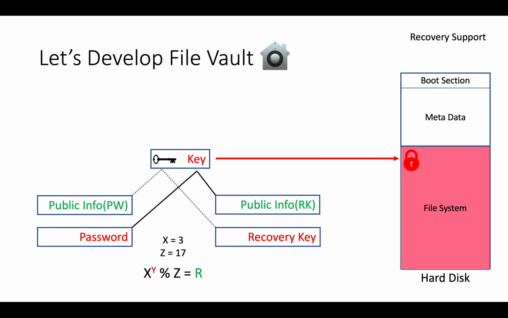Use the key to encrypt the hard disk. Store public information and constants in the metadata section. The password is stored in the user's brain. The recovery key is in a locker.